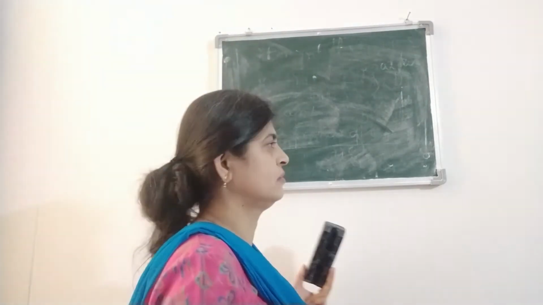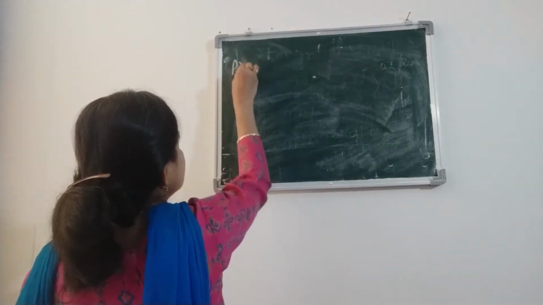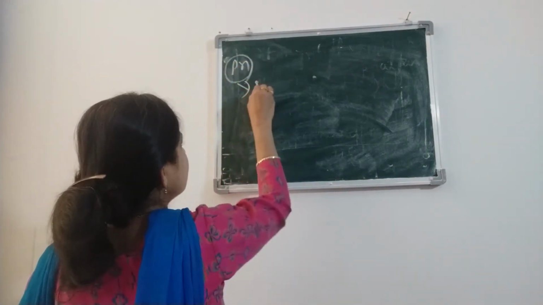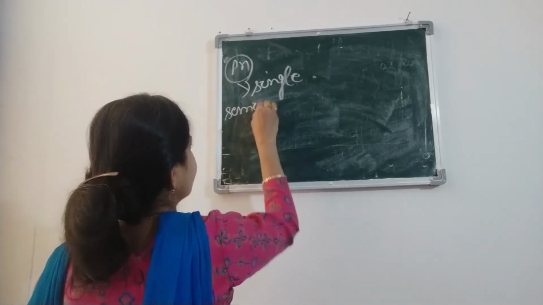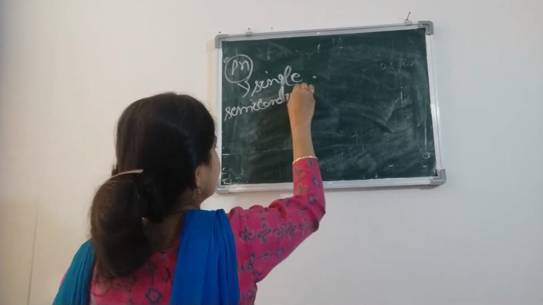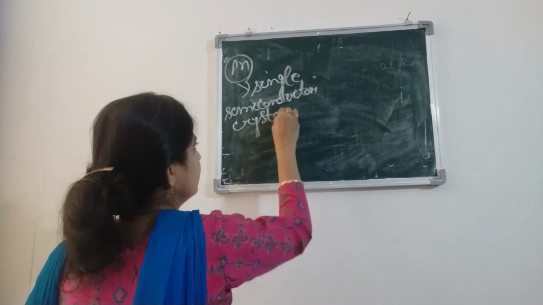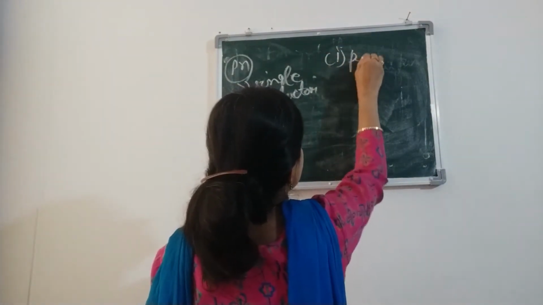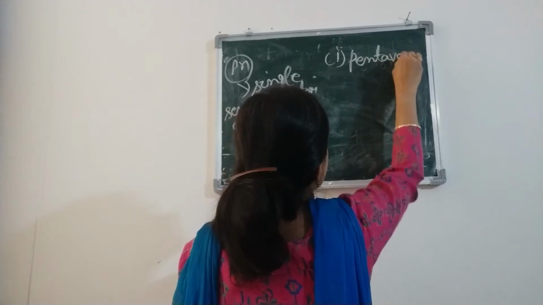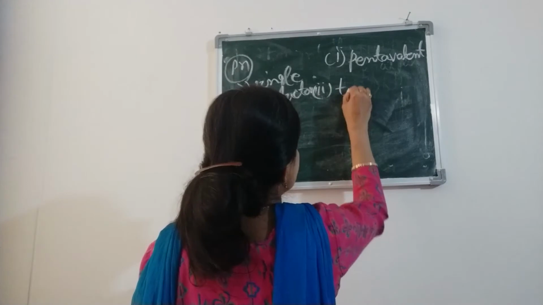So a PN junction diode is a single semiconductor crystal with one part doped with a pentavalent and the other part with a trivalent.